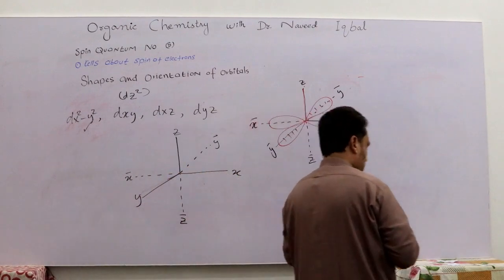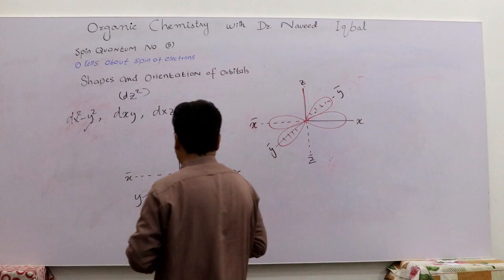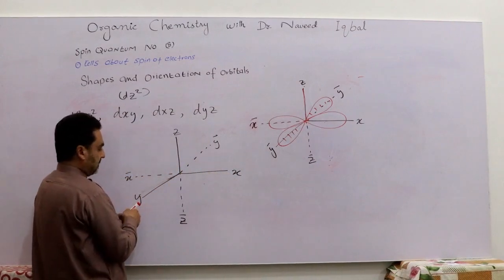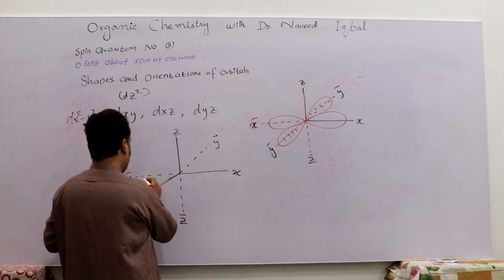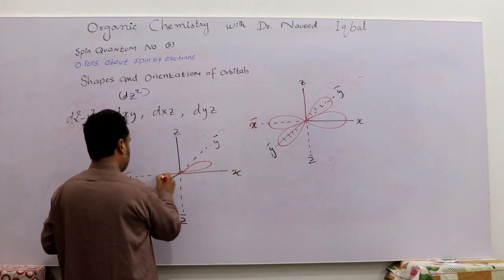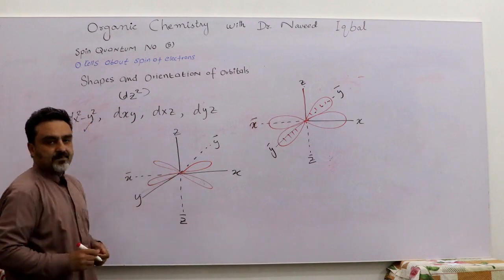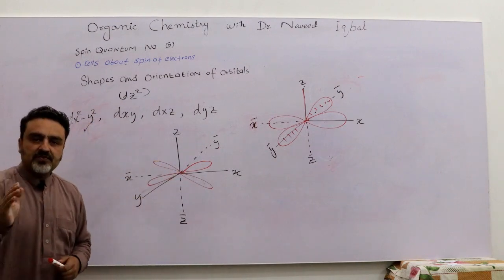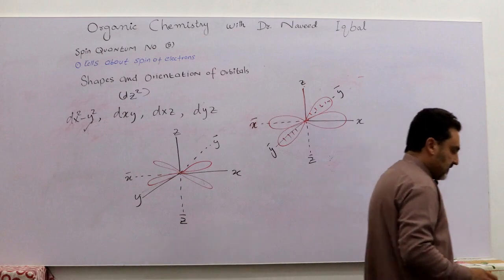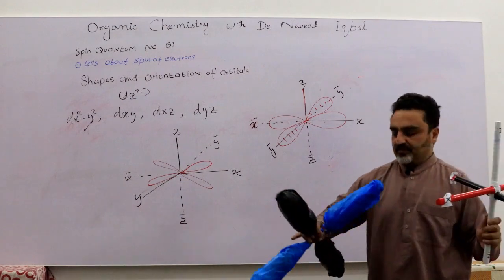So this orbital is present between the axes, in between x and y here, and the other lobes are just like this. It's difficult to conceive from here. You will understand right here when I show the model, my beautiful models.